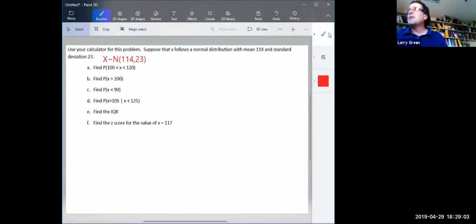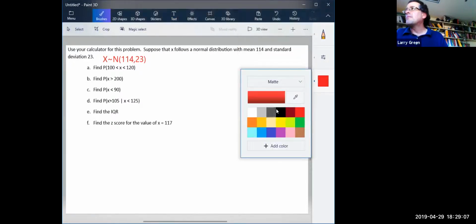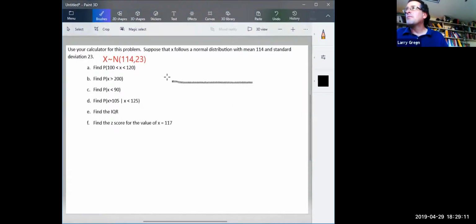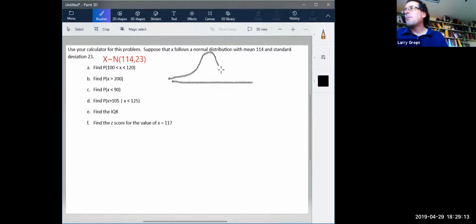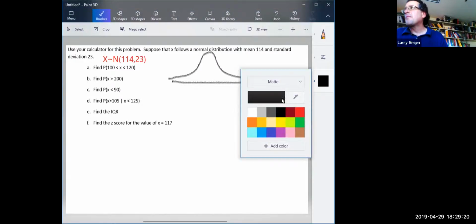is I'm going to draw a picture. Same picture we always draw. And that is a normal curve. And we want to go from, let's see, we want to go from 100 to 120. And notice it's on both sides of the mean.